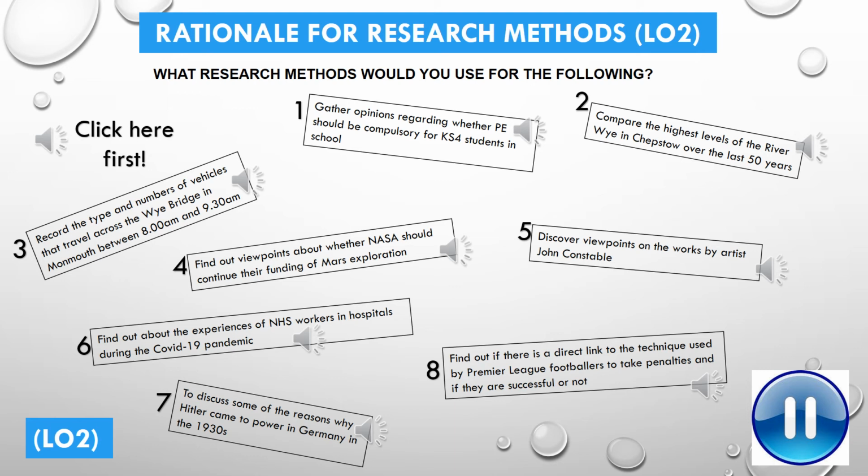What you would do then is to compare the technique used. So for example, how many use the inside of the foot, how many use power when it comes to striking the ball for a penalty. And then you would be able to come up with your own new set of data from information, in this case footage, that already exists.